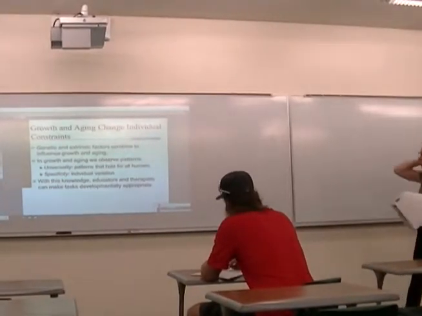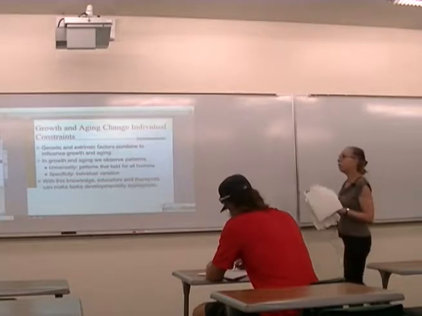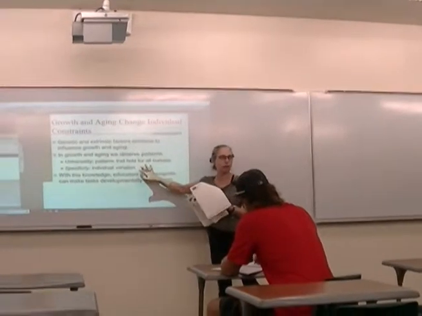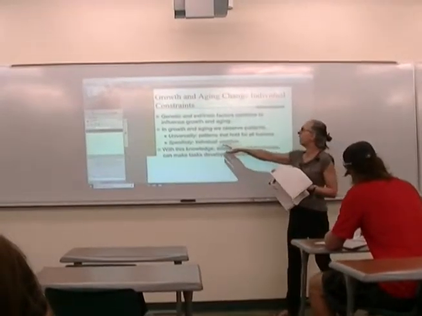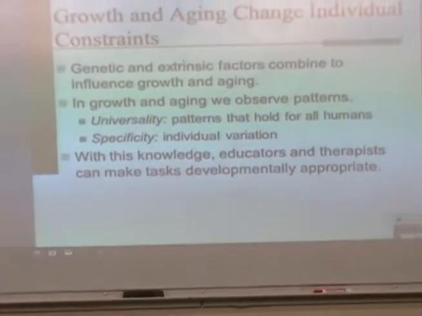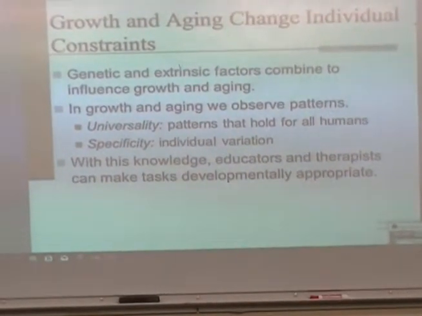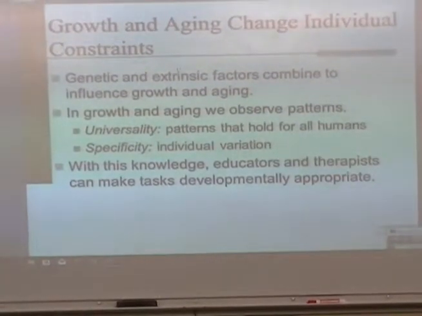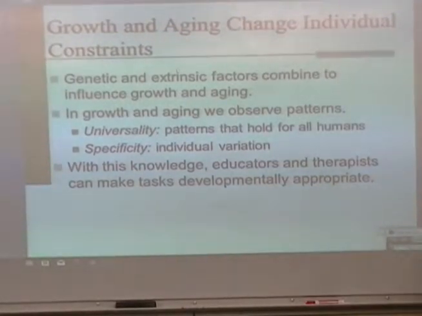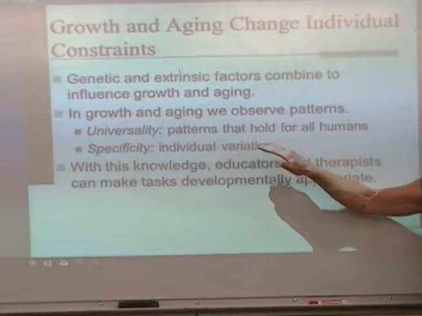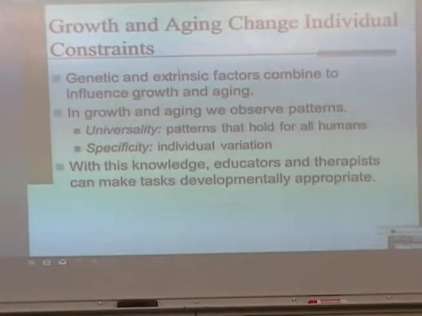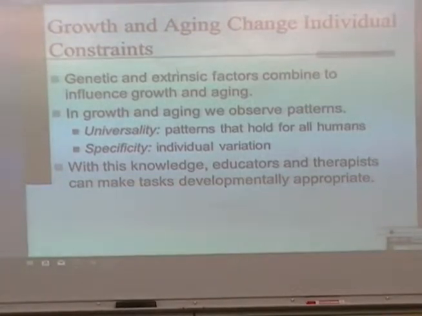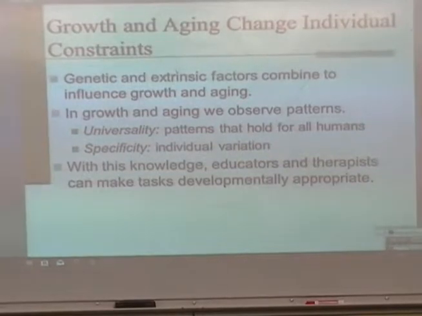The patterns that we see, we have talked about before with regards to skill development. Very similar idea when we look at the development of growth and aging. We have universality. So humans, if they are typically developing, develop 2 legs, 2 arms, a brain, a stomach, etc. But we have a lot of individual variation, so specificity to an individual person. So hearts aren't all the same size.